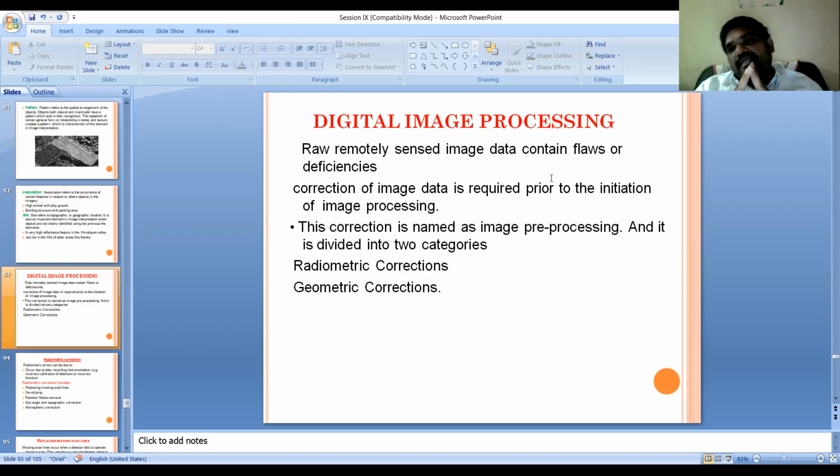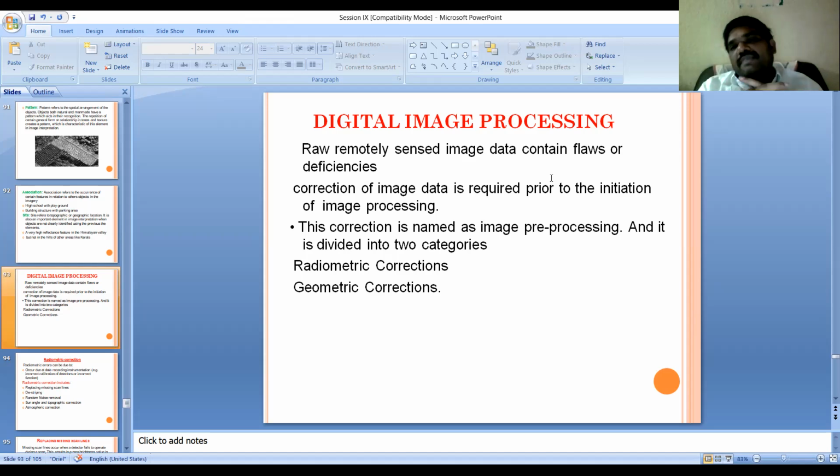Here pre-processing, in the same sense, means the images are getting ready to face the next step by name processing.